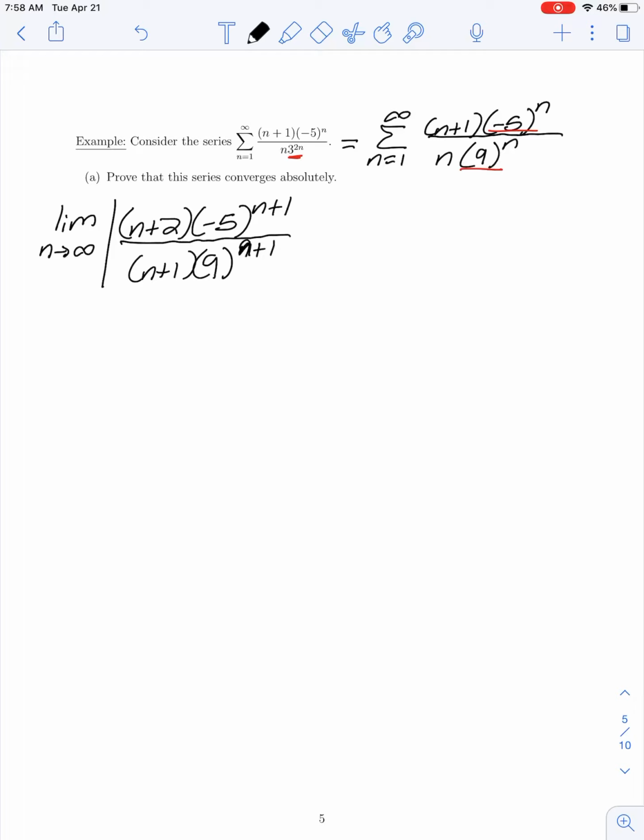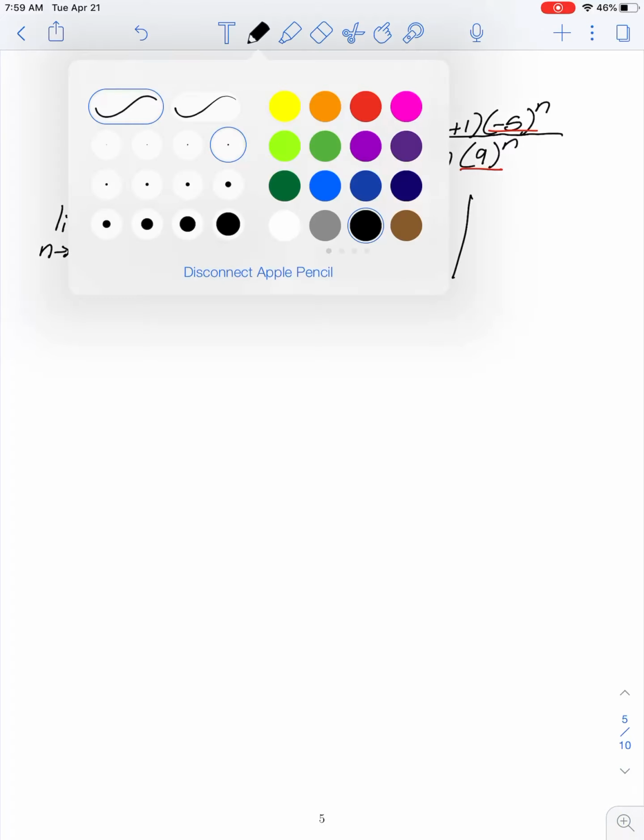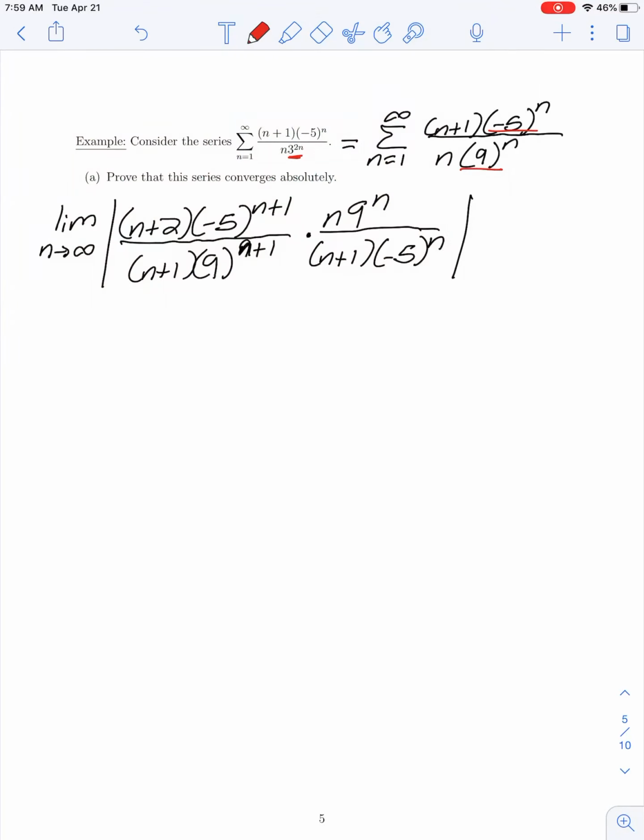And then we divide by a sub n. But again, a sub n is a fraction, so rather than dividing by that fraction, we can equivalently multiply by its reciprocal, which would be n times 9 to the nth power divided by (n plus 1) times (negative 5) to the nth power. So let's see what we can simplify here.